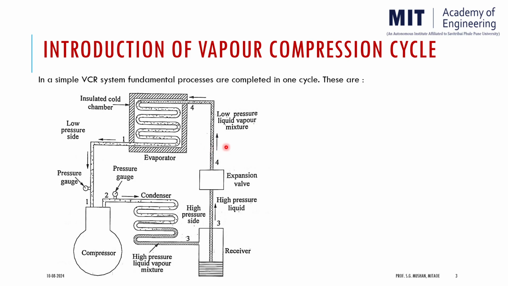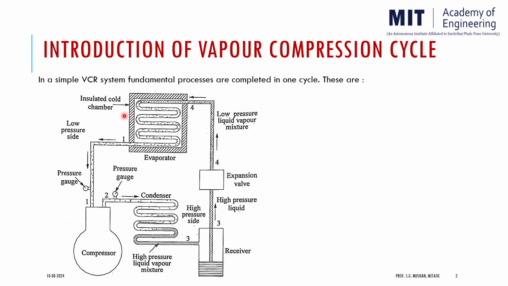And during this expansion, there is also a phase change, but not completely from liquid to vapor. It converts from liquid to mixture state. Okay, and that low pressure, low temperature mixture will enter into the evaporator region where it will absorb the surrounding heat, and during this heat absorption, again, the refrigerant will change state from mixture state to the saturated vapor.